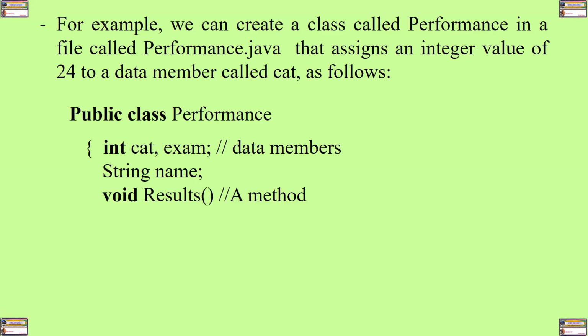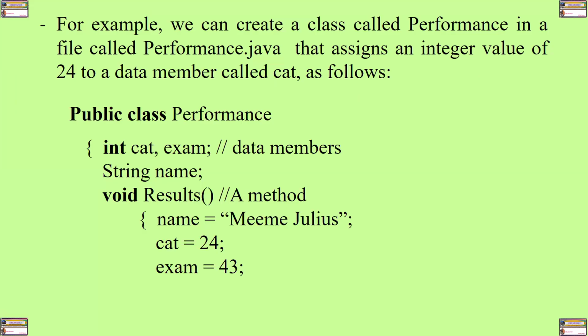And then we have a method called results, whose definition is to assign Mary Julius to the name, assign 24 to cat, assign 43 to exam, and end the definition at that point.